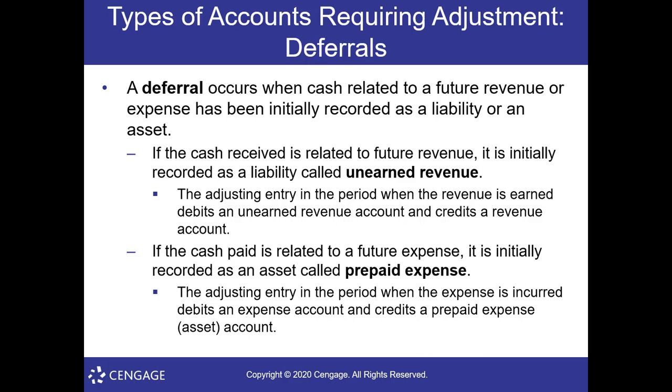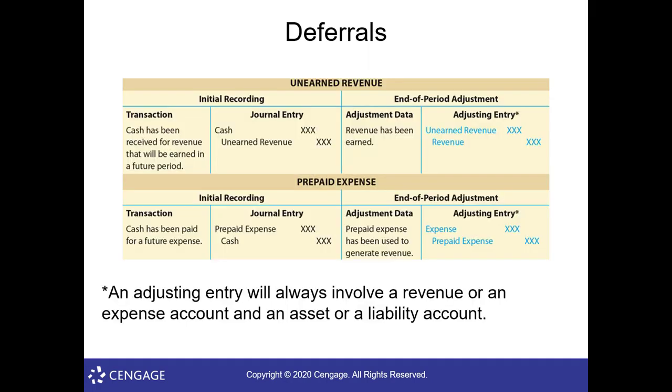A prepaid expense, this is prepaid rent, prepaid insurance, the case of supplies. I also throw in fixed assets here. Property, plant, and equipment is a type of a prepaid. Cash has changed hands. We've already paid for the asset, but now we have used up a portion of it and need to record the expense.